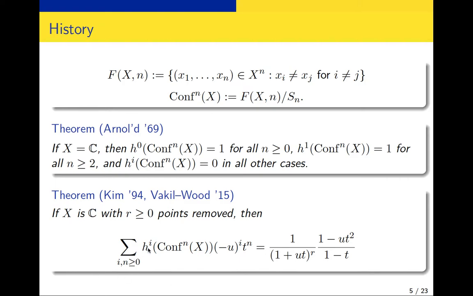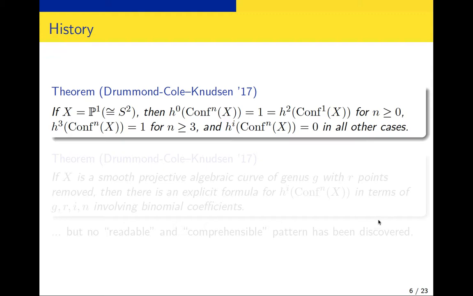So what it says is that this number, in terms of i and n, can be given coherently via one single generating function in two variables. And the generating function is a rational function. And how about more cases?